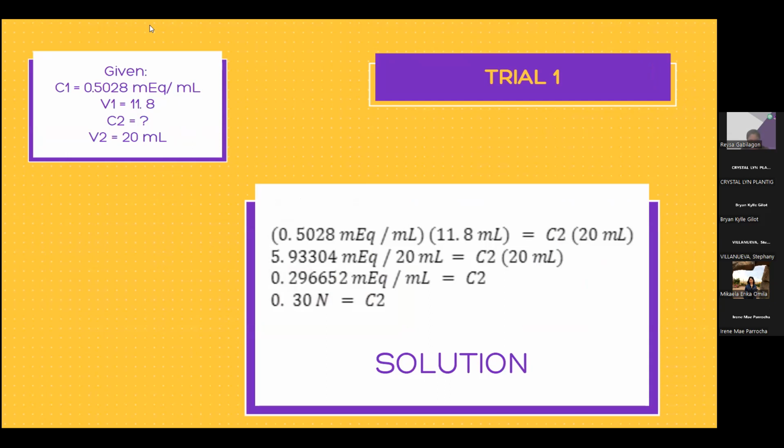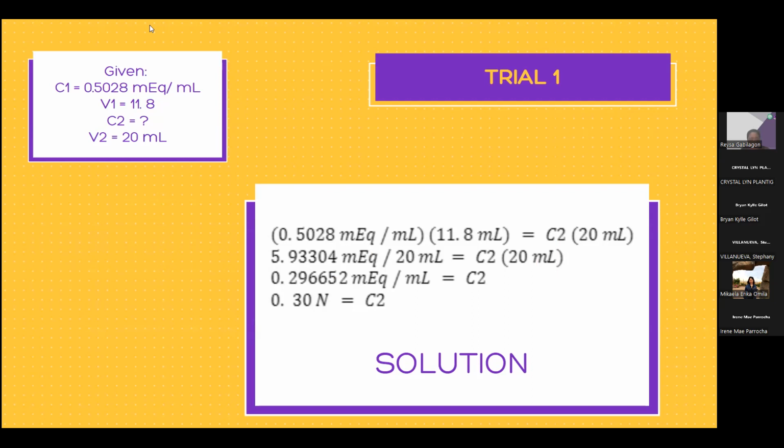In order for us to calculate C2, the concentration of our final sample, we will substitute using our formula C1 times V1 equals C2 times V2. Our C1 is 0.5028 milliequivalents per ml times 11.8 ml equals C2 times 20 ml.